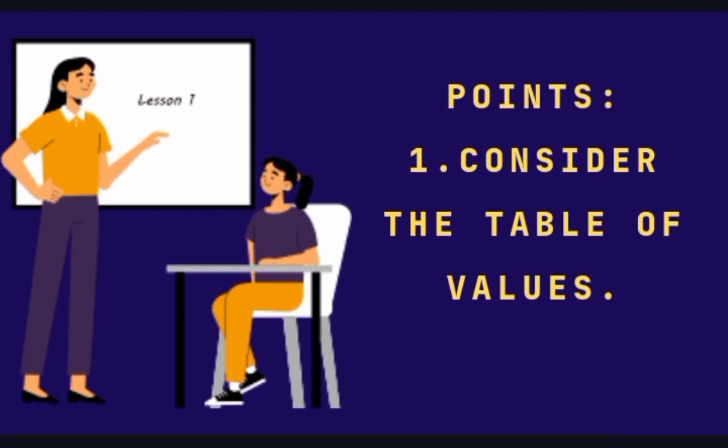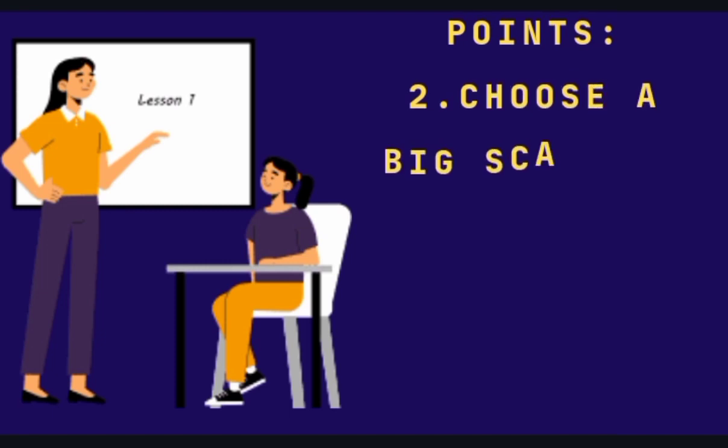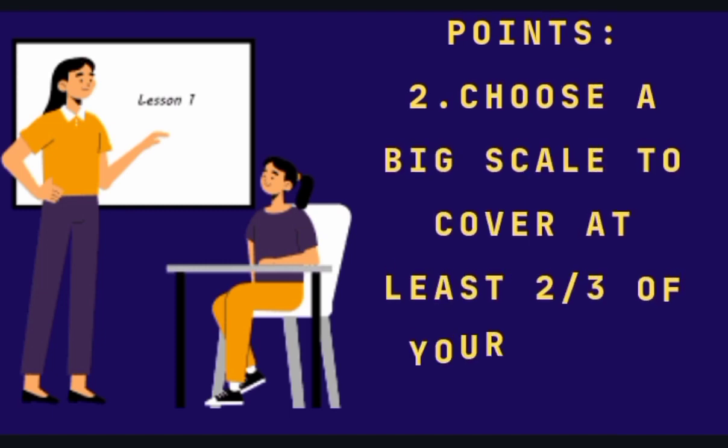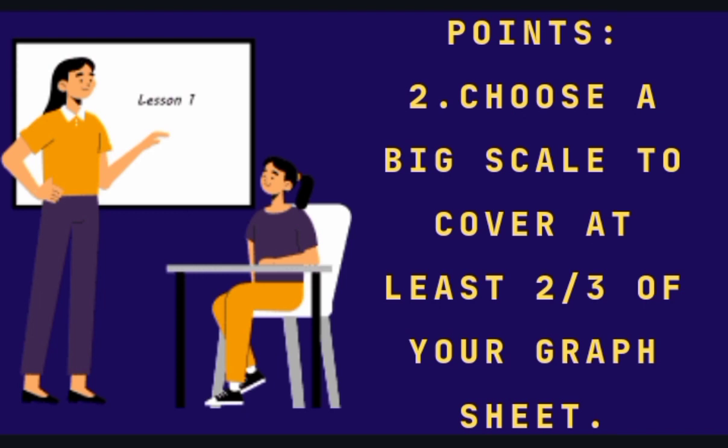And the second point in plotting a graph is that you should choose a big scale to cover at least 2/3 of your graph sheet. By 2/3 I mean 2/3 of the graph sheet.